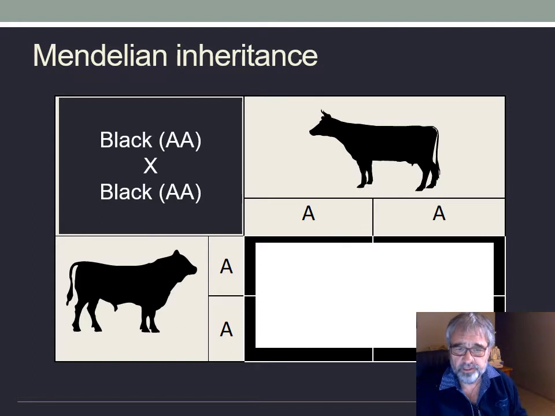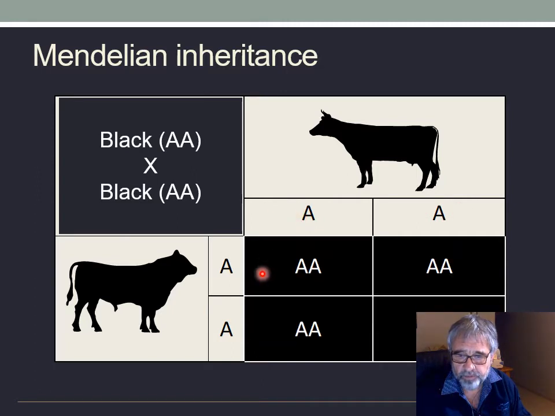So you can have an instance where you have a pure black bull mated to a pure black cow. The bull has the dominant black in both counts, and the female will have the dominant black, and we expect that in all cases, all progeny, all calves will have a black coat.